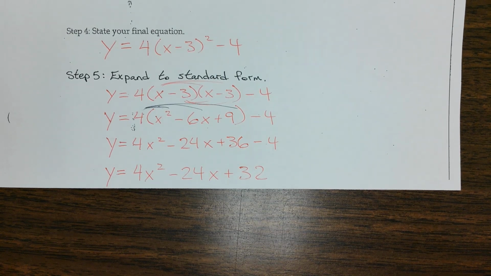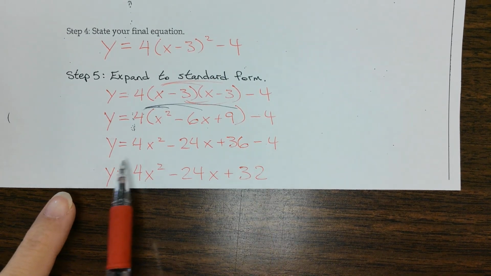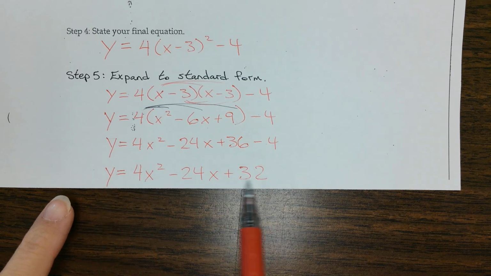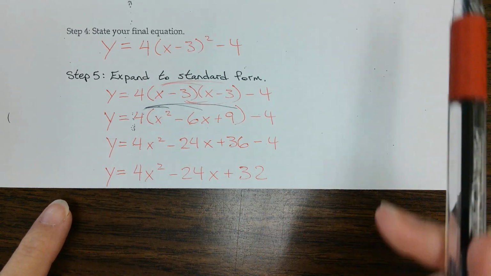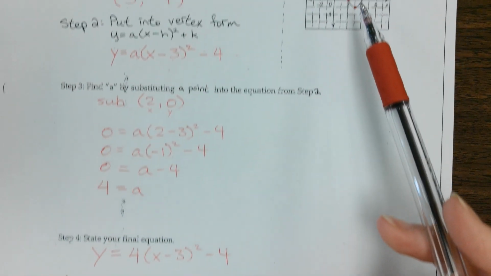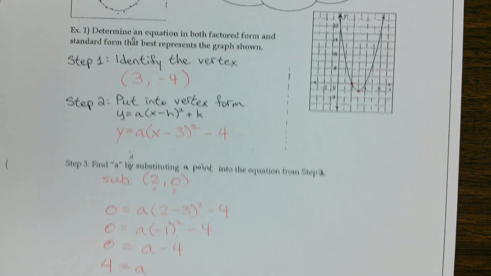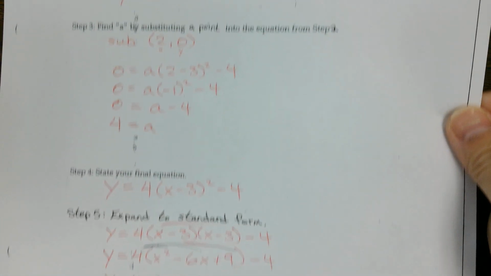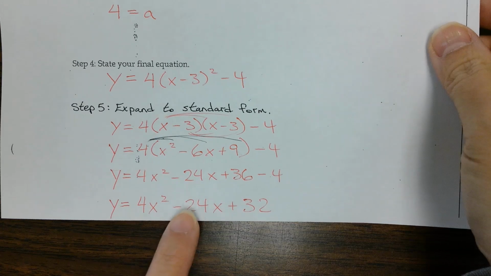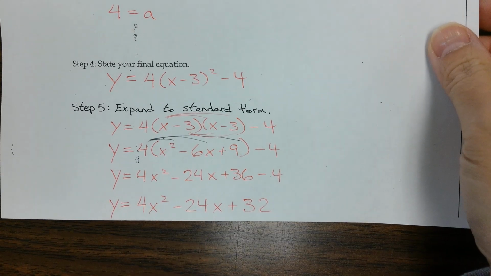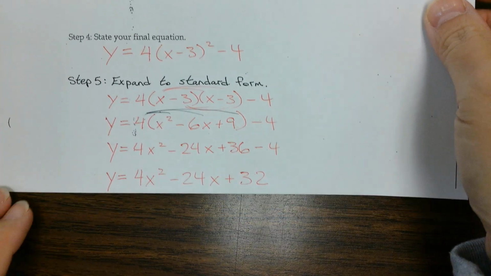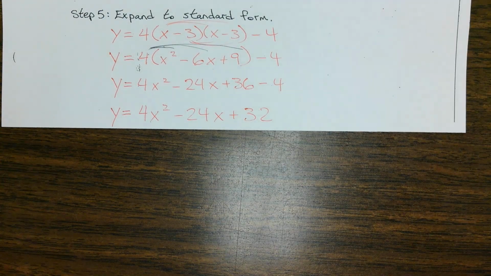Okay? Take a look at this equation in standard form and take a look at your parabola, the graph right here. What do you notice? What do you notice with this equation and the graph that's given? I'll put it side by side so it's a little easier for you to see.